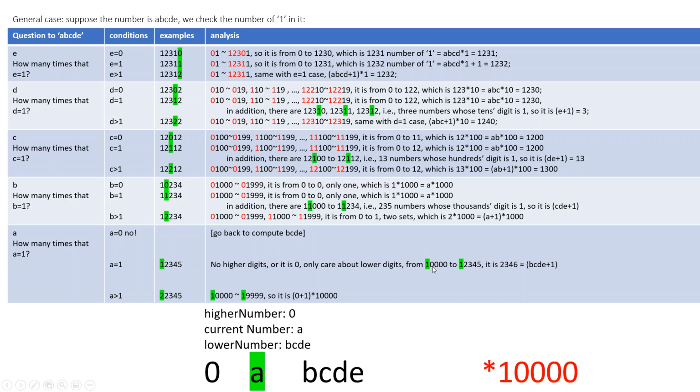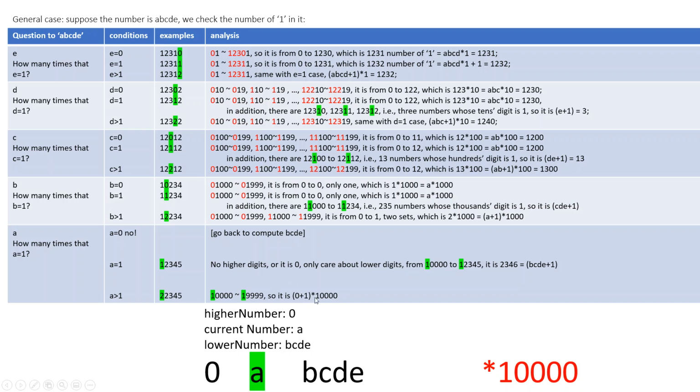It's from 10,000 to 12,345. It actually includes 2345 plus 1, right? These numbers. And when A is larger than 1, we actually can form one subset here, right? It's with 10,000 numbers.